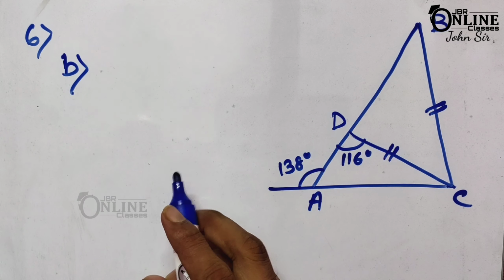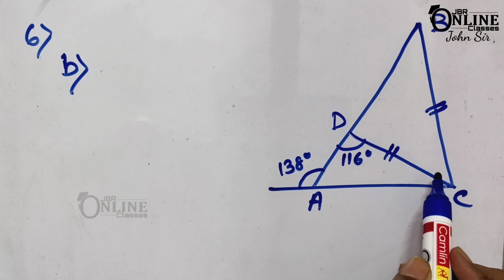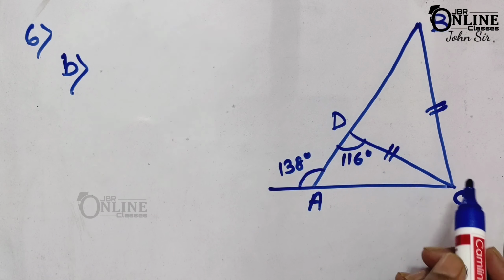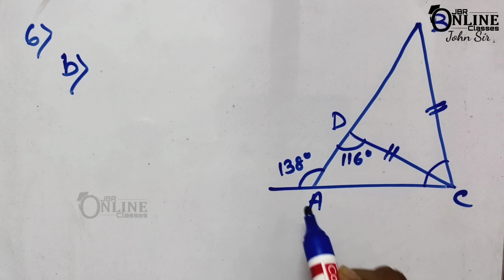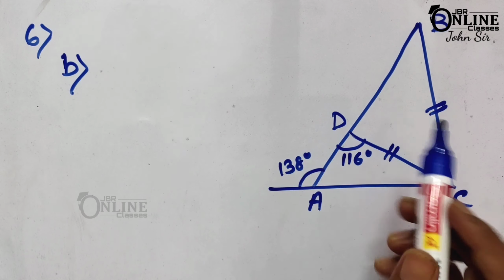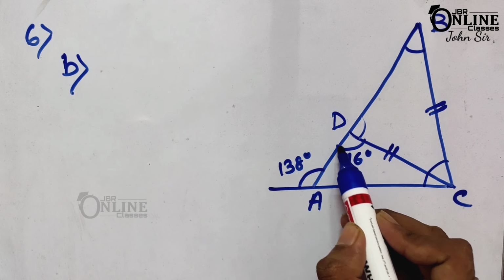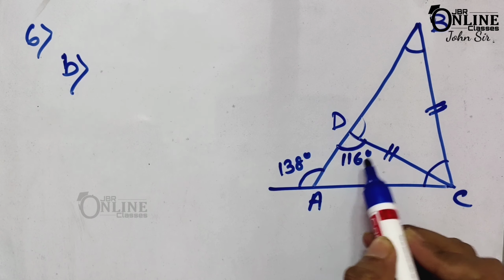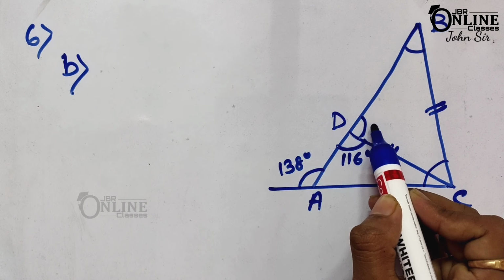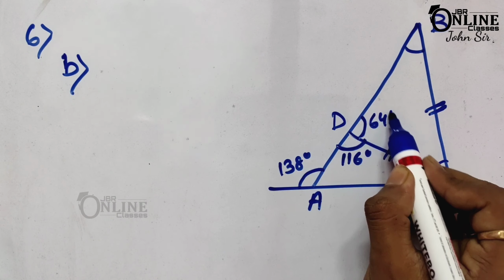Now next one, sum number 6b. In the figure here BC equals CD, and you have to find out ACB, that means the whole angle. So now in this triangle, these two sides will be equal, then definitely this angle equals this one. Now if this one equals 116, then this one will be 180 minus 116, and that equals 64 degrees.